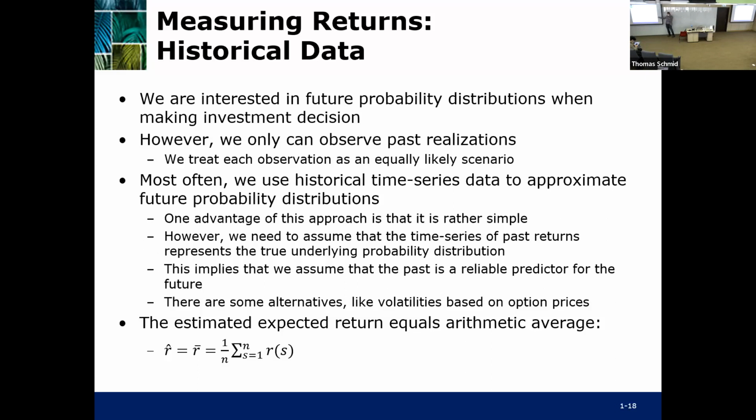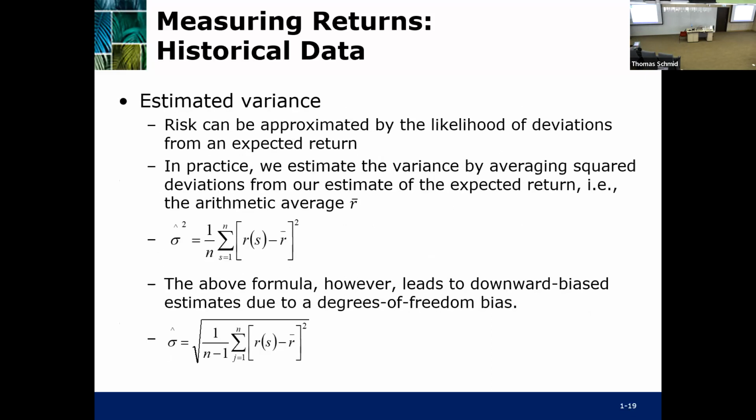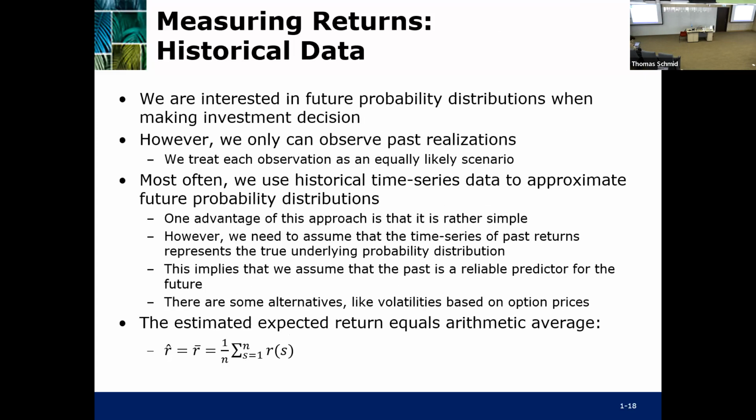So that's the problem. We need to make this assumption that the probability distribution did not change over time. That's the problem. The advantage is it's very simple. There are some alternatives to this very simple approach, but I will show you in a second that they also have problems. Let me postpone that for a second.